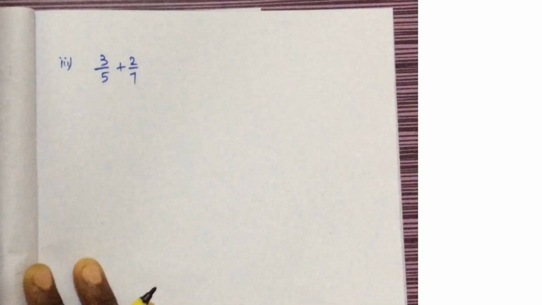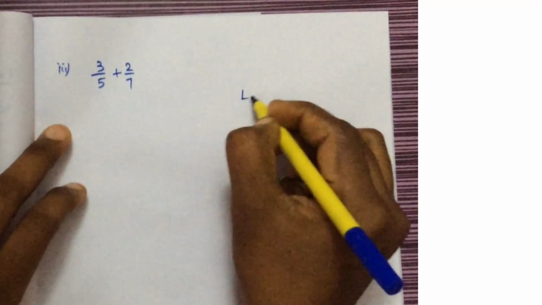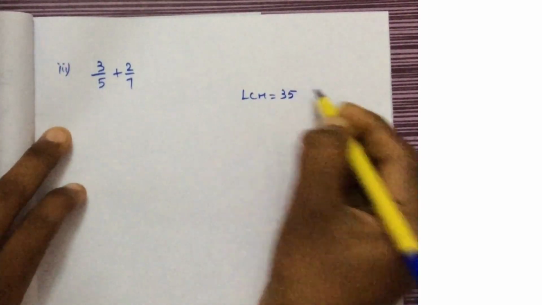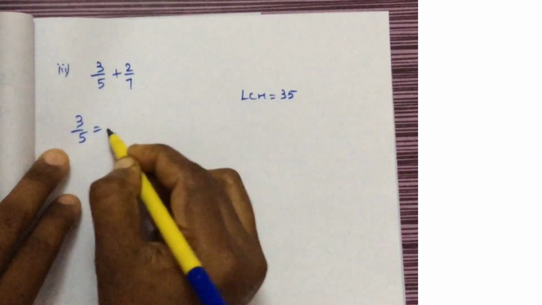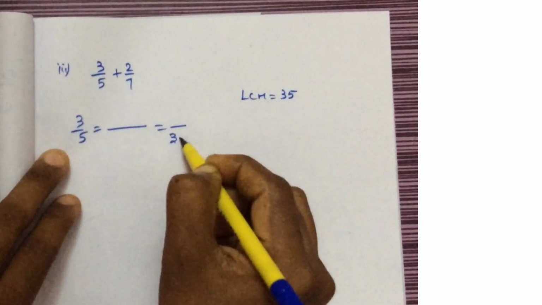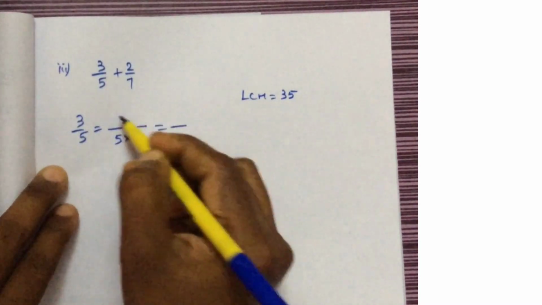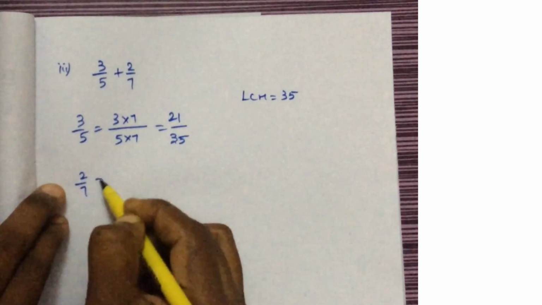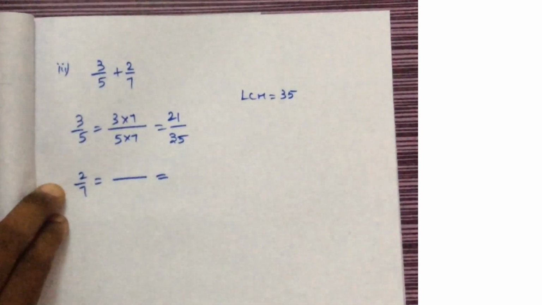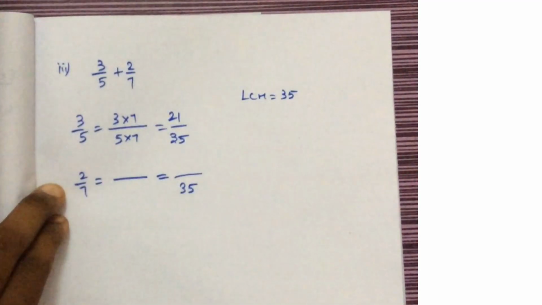Okay. The next is 3 by 5 plus 2 by 7. Now we have to take LCM of 7 and 5, which is LCM is 35. Okay. So 3 by 5 equal to, I want to change 5 as 35. 5 multiplied by 7 and 3 multiplied by 7, here it is 21. And 2 by 7, I can write, here it is 35.